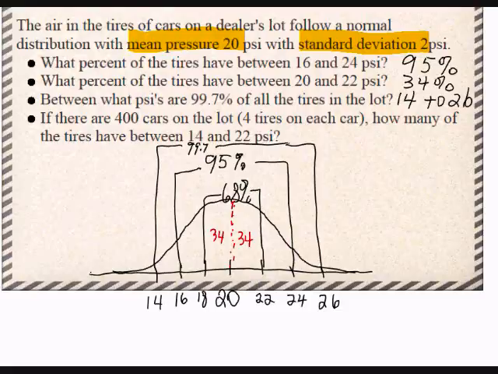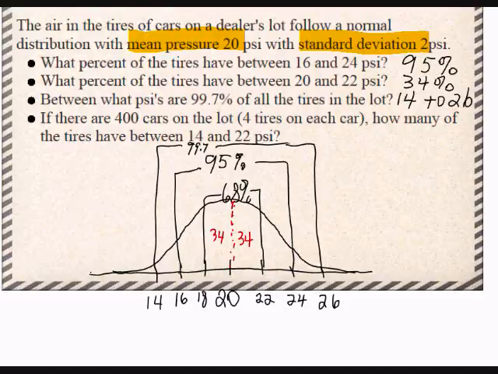Let's figure out what percent have between 14 and 22. If I did 16 to 24, that wouldn't quite catch me. Maybe we'll go 14 to 26 and start taking some off, or maybe we'll just figure out how much is in each of these little sections. I did the 34 and 34.